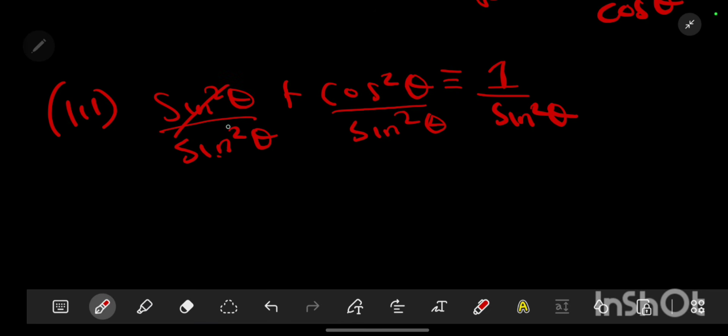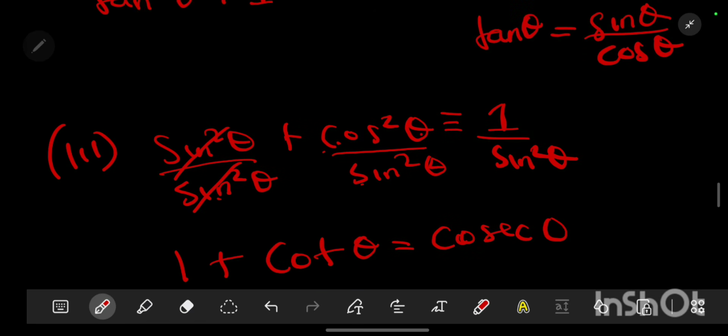This divided by this, they cancel, so we are going to have 1 plus cos squared theta over the sine squared theta. Remember, cos is on top, so this gives us what we call the cotangent, the cot of theta, which should be equal to 1 over sine is equal to cosec. So if you want, you can write it like this, cosec of theta, or if you want, you can write it like this, whichever is easier for you. So this is the third identity.